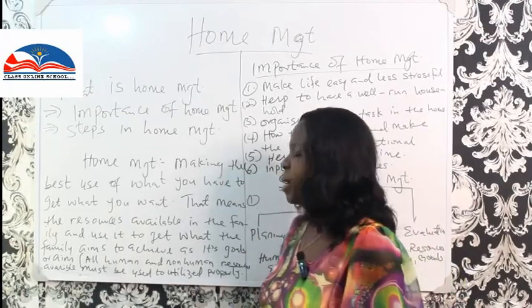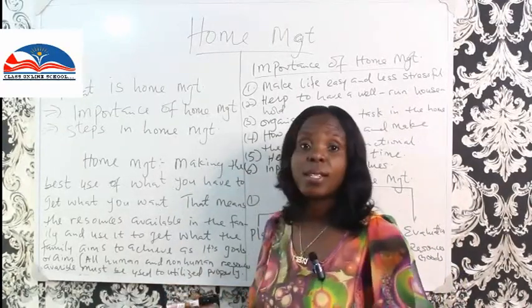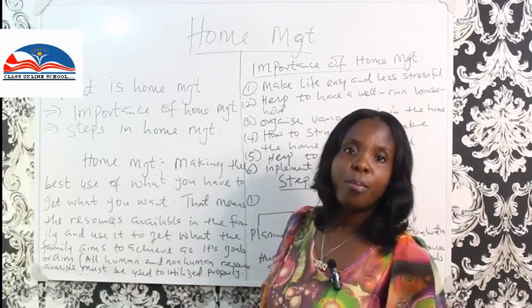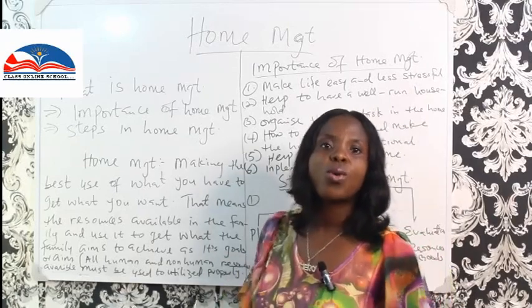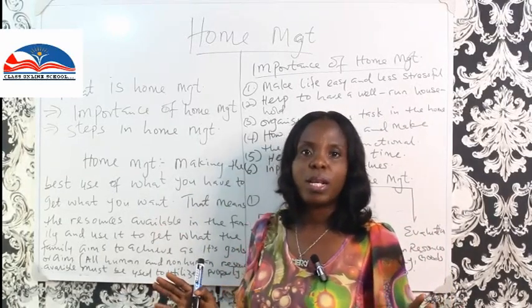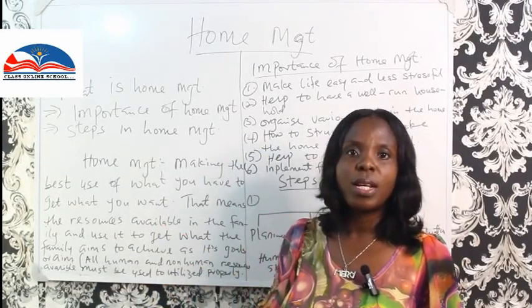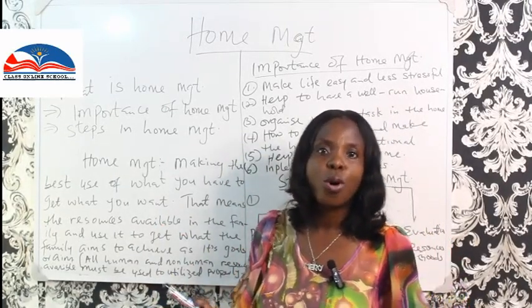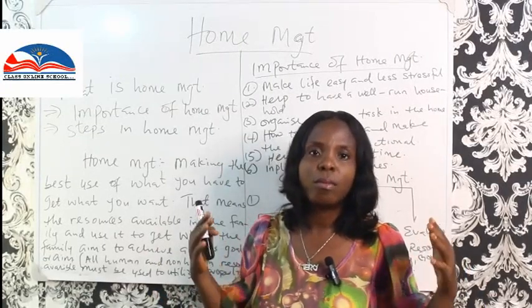Remember that as we go on in this class, we want to see how we can utilize the available resources in the home, be it human resource or non-human resource, to achieve the goals and objectives of the family. To achieve them, everyone has to come on board, and that requires a lot of work.